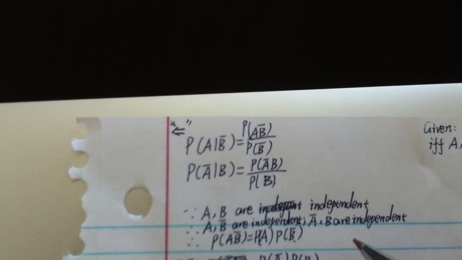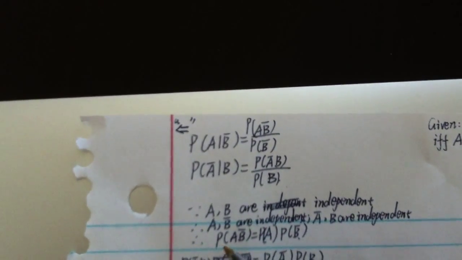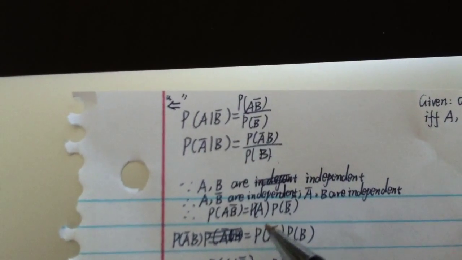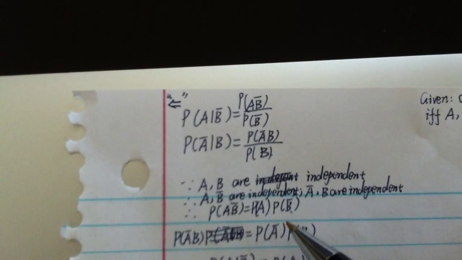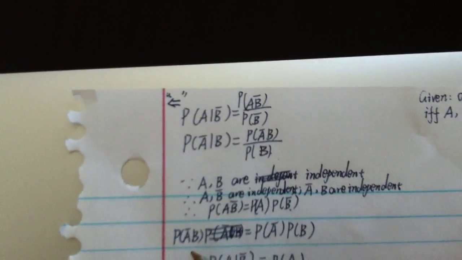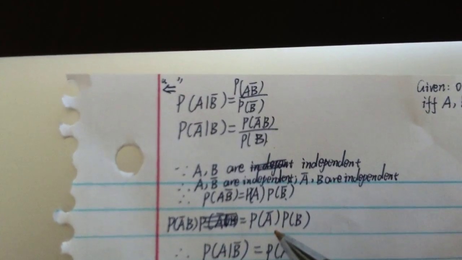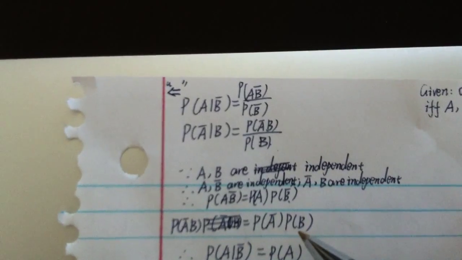Also, A naught, B are independent. Then we can get the probability of A B naught equals the probability of A times the probability of B naught. Also, the probability of A naught B equals the probability of A naught times the probability of B.